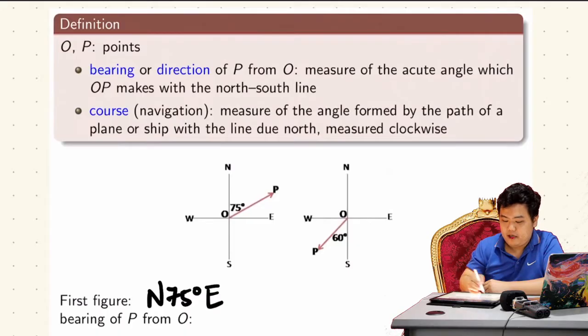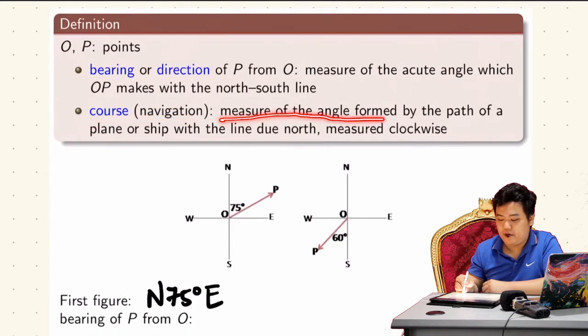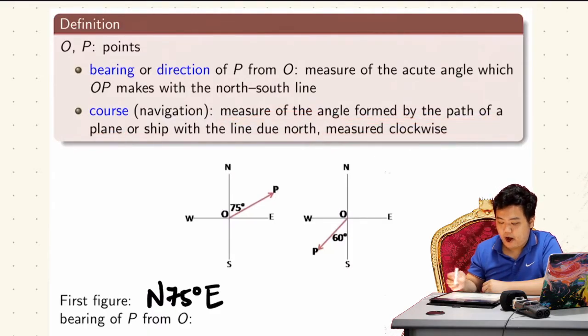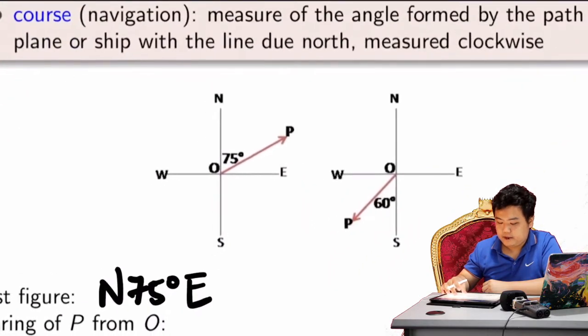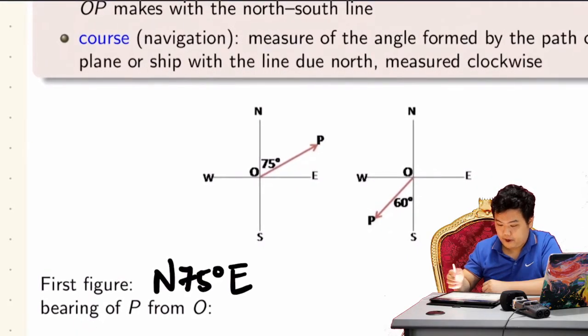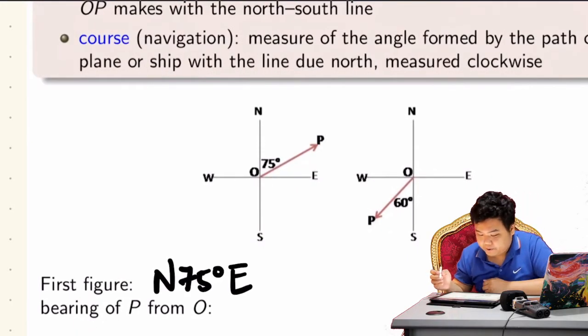So, pag sinabi namang course or navigation, so that is the measure of the angle formed by the path of a plane or ship with the line due north, measured clockwise. Okay? Clockwise ang measure natin pag sinabing course. So, for example, sa second figure, ano ang course dito?